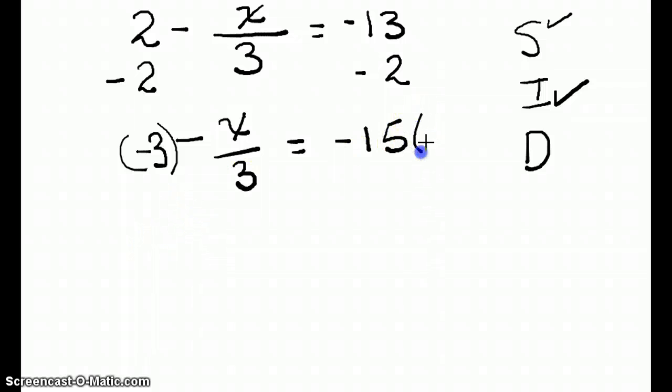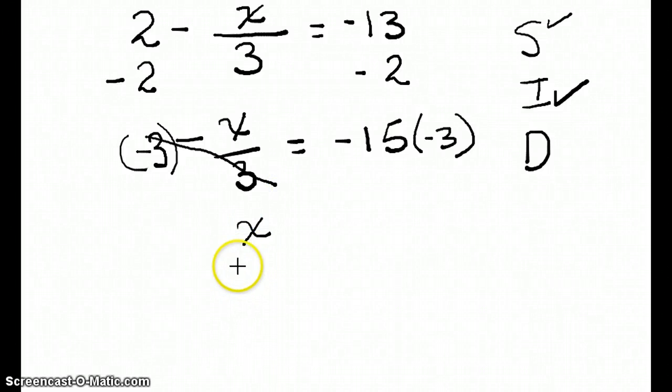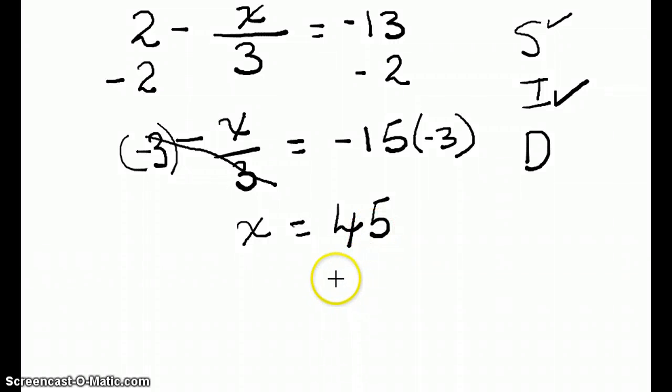The moment I do that, I write -3 on the other side. -3 divided by 3, negative divided by a negative leaves me with x. And I hope you all see that. I'll just take whatever this denominator is and multiply it by its inverse. It equals a negative times a negative is a positive.